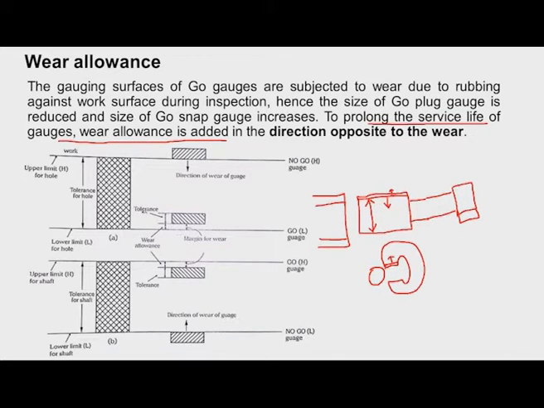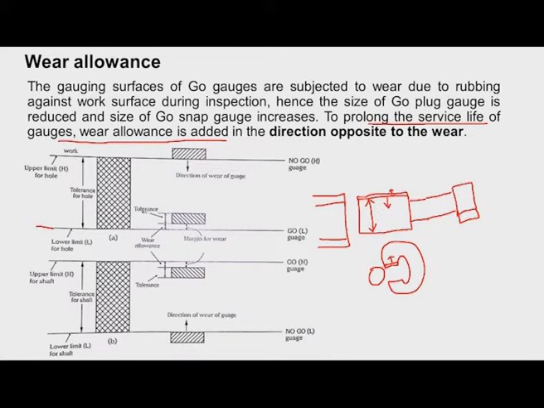That is shown in this picture. This is the hole, and this is the work tolerance for the hole, and this is the upper limit of the hole, and this is the lower limit of the hole.